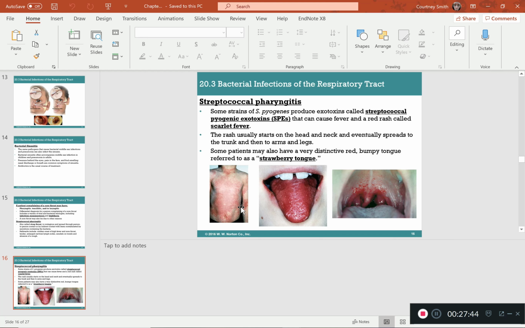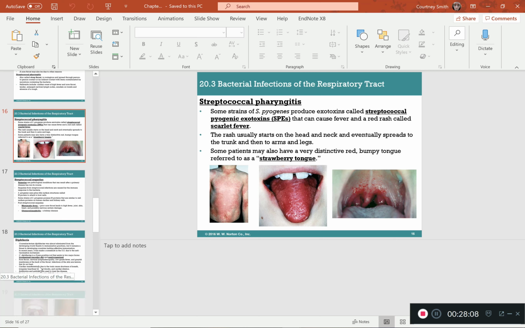But then also patients can get a presentation of something called the strawberry tongue. Not all patients will get this, as you can see in this photo. This patient does not have strawberry tongue, but they will have this red bumpy tongue that literally looks like a strawberry. So that's an additional presentation of strep.